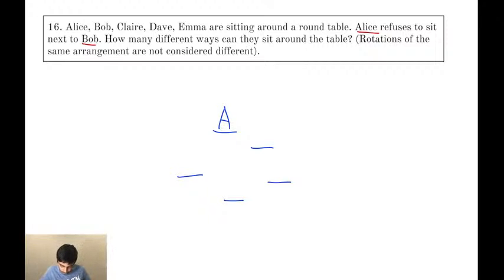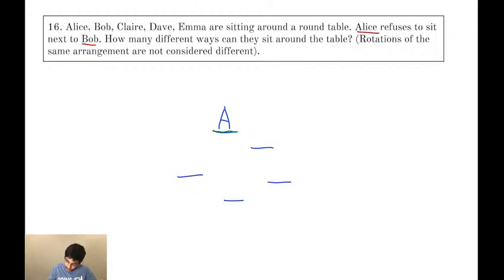So what we notice here is that if Alice is at this position, Bob, Claire, Dave, and Emma we have to put around Alice. Okay, so let's use complementary counting. The reason is Alice refuses to sit next to Bob, and doing casework on that seems hard, so why not just find the total number of cases and subtract the cases where Alice is indeed next to Bob?